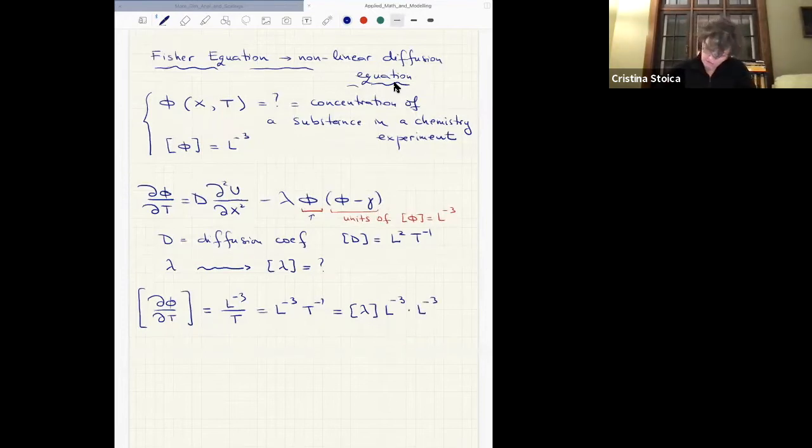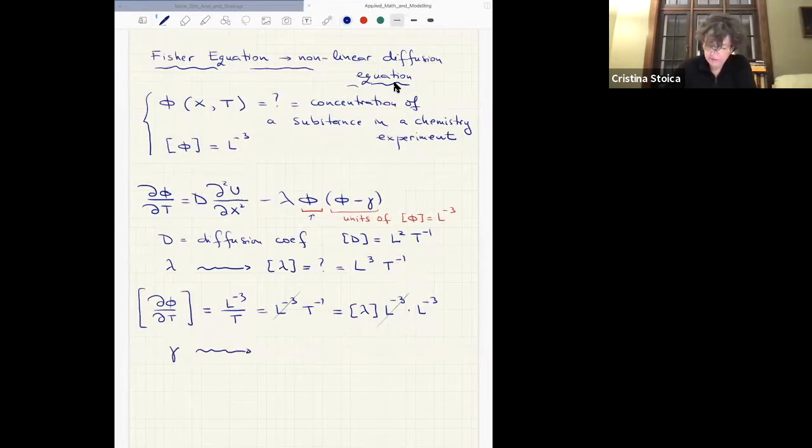So now it's clear. What would be the units for lambda? L to the minus 3 is going away, so it would be L to the 3, T to the minus 1. And we deduced it.